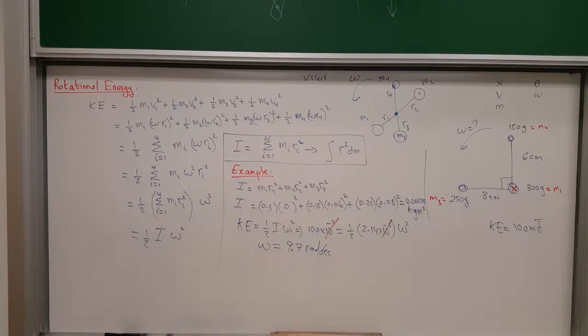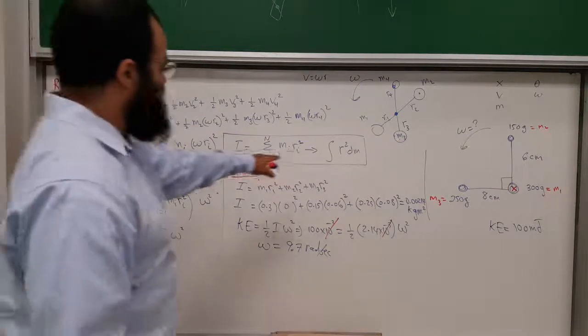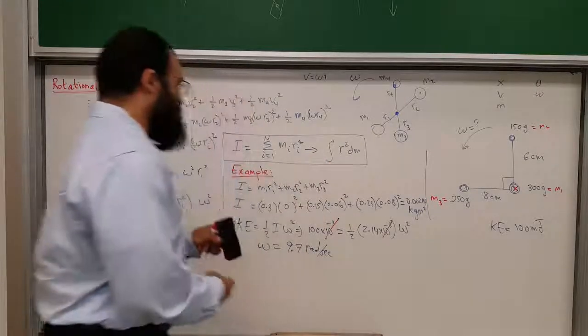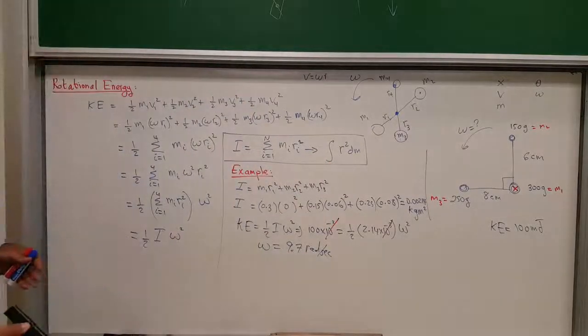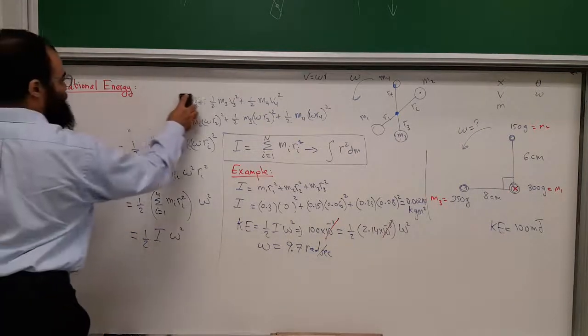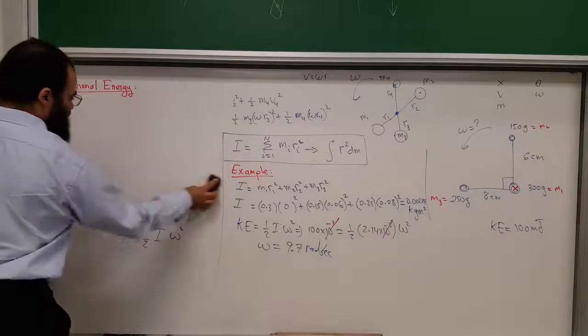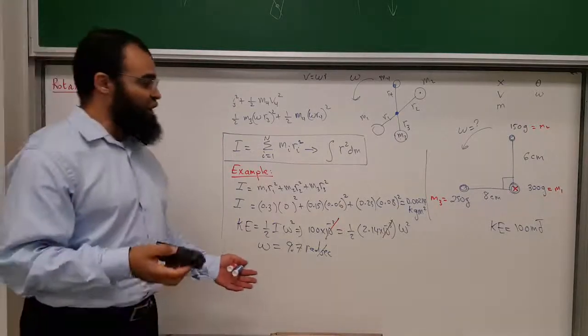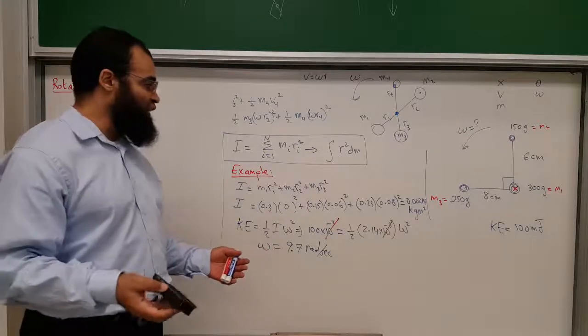Now, moments of inertia for extended bodies have to be calculated using the integral. And you have the moments of inertia for different bodies. By the way, to tell me the mass, you just have to say it's 5 or 10 kilograms.